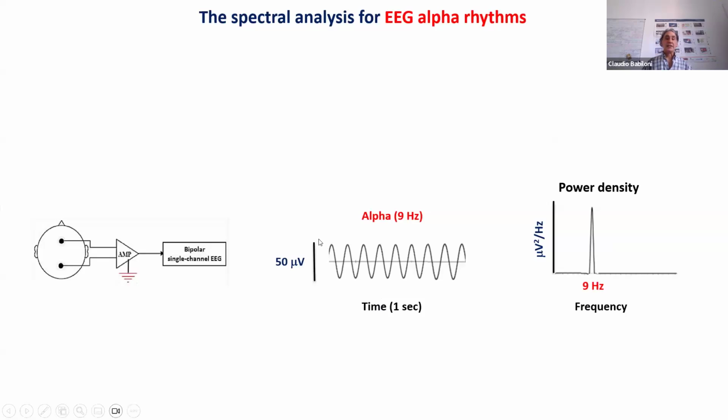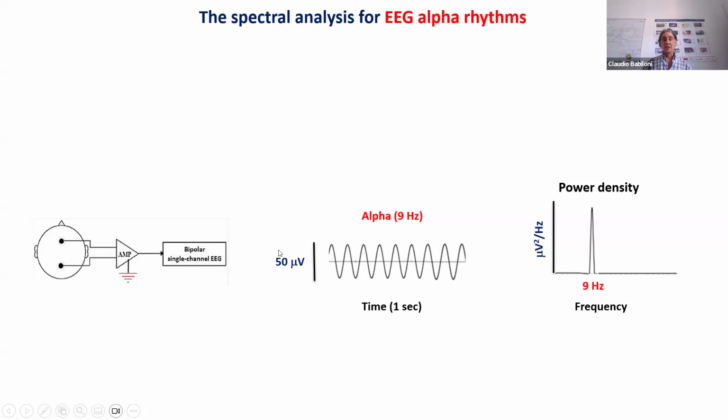You see that until now, we have evaluated the EEG activity, the voltages recorded from the scalp, for example, from one bipolar recording channel, evaluating the frequency of the oscillations and the amplitude in the traces of EEG activity over time.